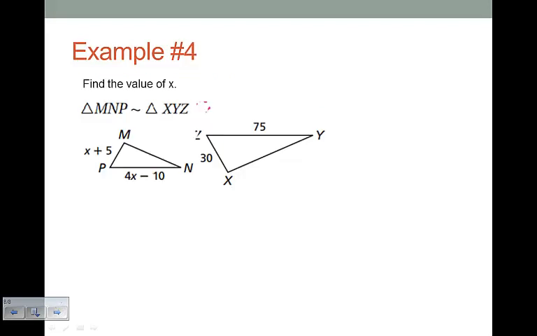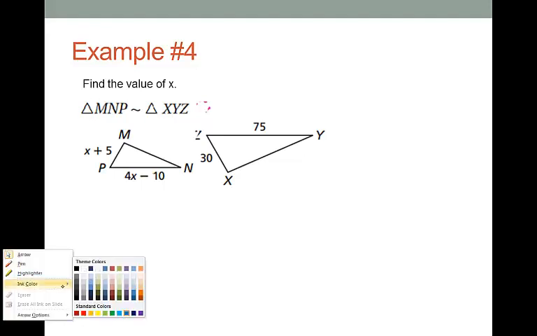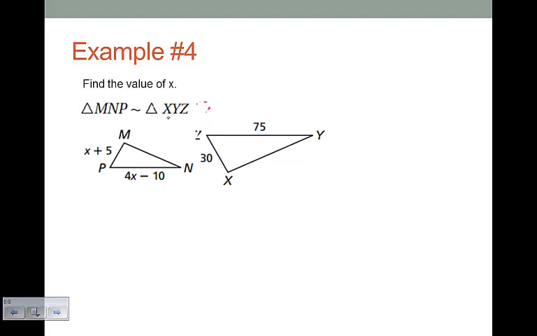All right, and for this last one, we're going to find the value of x. If we know that triangle MNP is similar to triangle XYZ, so we know M goes with X, N goes with Y, and P goes with Z, that gives us our corresponding sides and allows us to find the value of x.